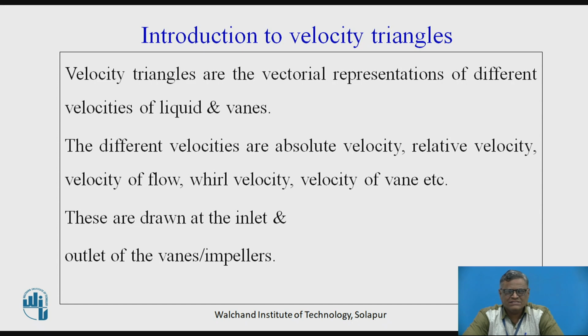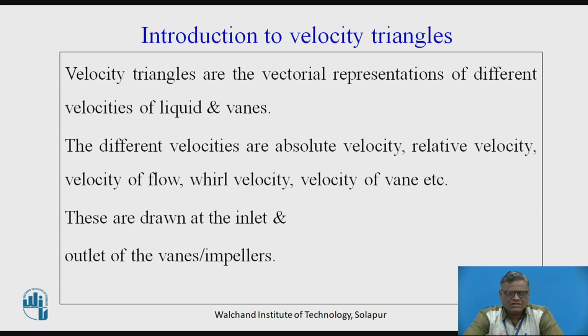And there are going to be different velocities: absolute velocity, relative velocity, velocity of flow, whirl velocity, and velocity of vane at inlet and outlet, etc. So all these velocities, absolute, relative, etc., are going to be at inlet and outlet.